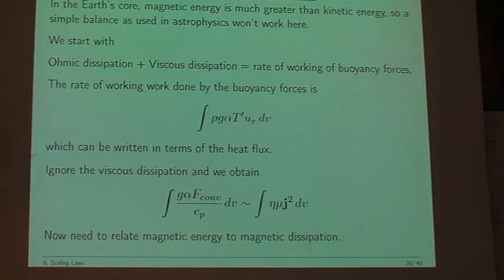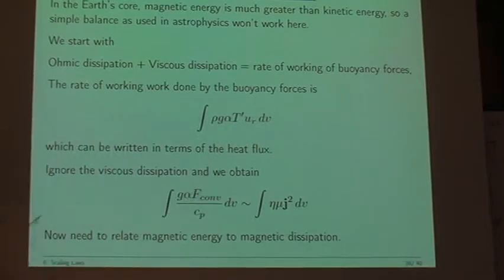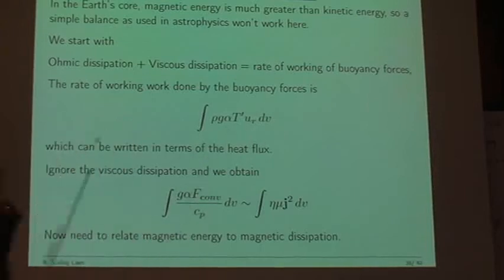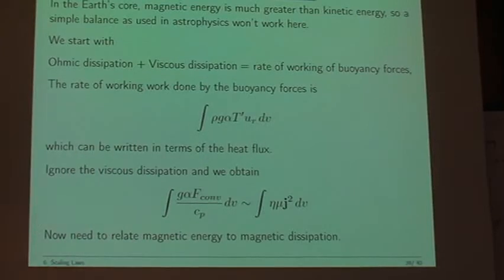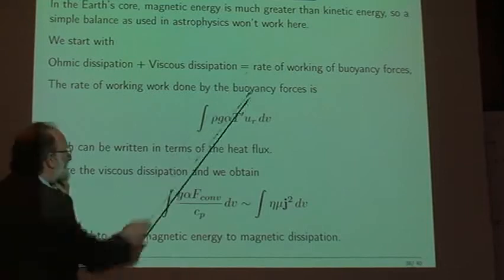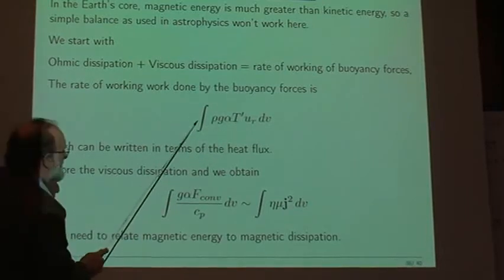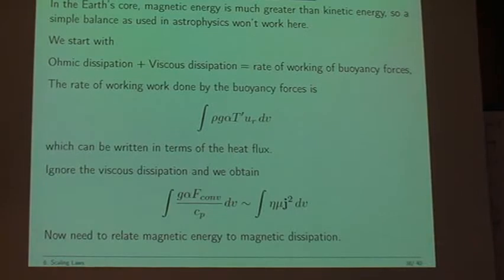And the rate of working of the buoyancy forces can be related to the convective heat flux through an integral, which is quite nice. So this actually works even in compressible flows, as well as in Boussinesq flows. So we can therefore get an estimate of the rate of working of the buoyancy forces in terms of the convective heat flux, which is the quantity we think we know a bit about.